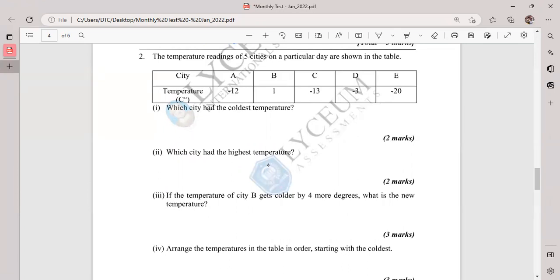Now they have given the temperatures of different cities, city A, B, C, D, E, and they have marked the temperature values, right? So you want to have an idea of what happens when you record these temperature values on a number line. We know in a number line, as we discussed in the previous videos also, when you move to the right side, the value is increasing, right?